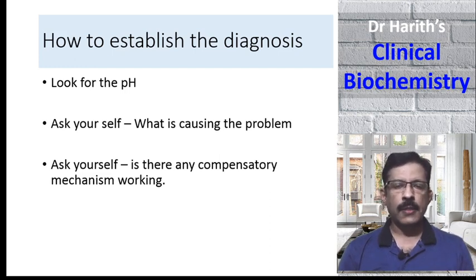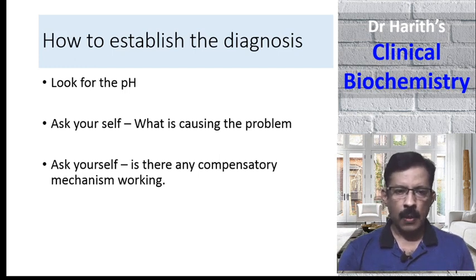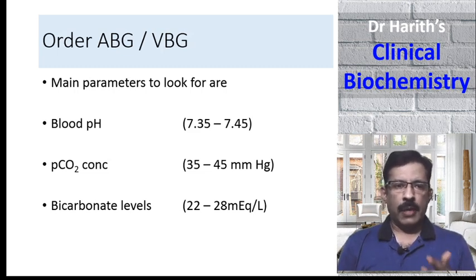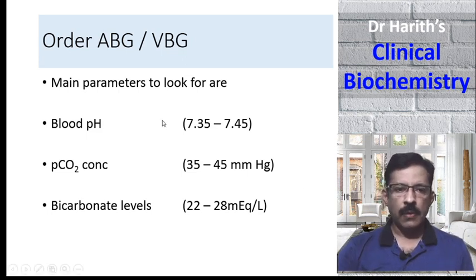Now, which of these parameters is a calculated parameter? If you don't know the answer, go to my previous videos, you will get the answer in that. But while ordering an ABG or a VBG, we look at these three parameters: the blood pH, whose normal values are here, the PCO2 concentration, and the bicarbonate levels.